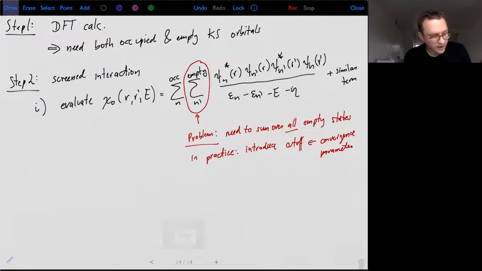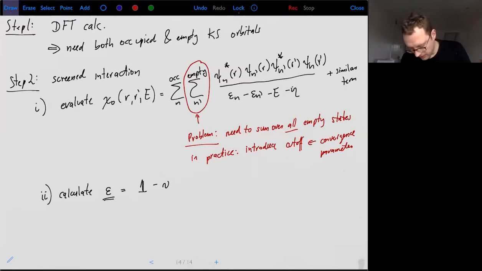Once you have chi0, you can calculate epsilon, the dielectric function, which has now become a matrix, right? So we calculate epsilon, which is given by 1 minus v chi0.